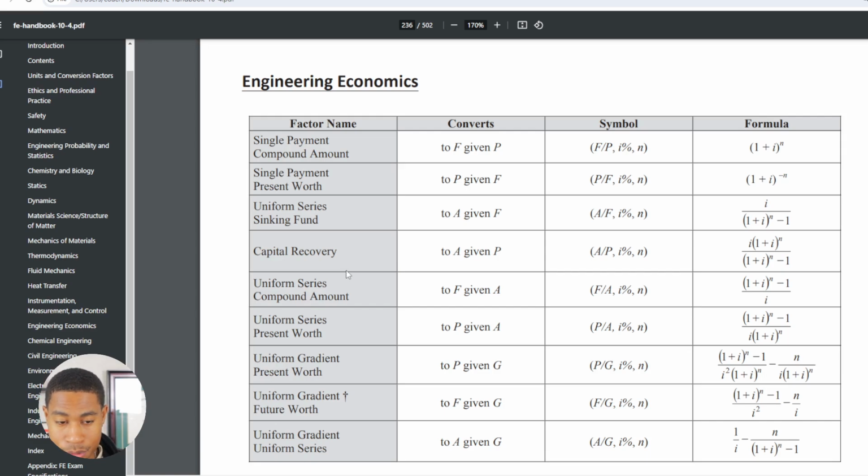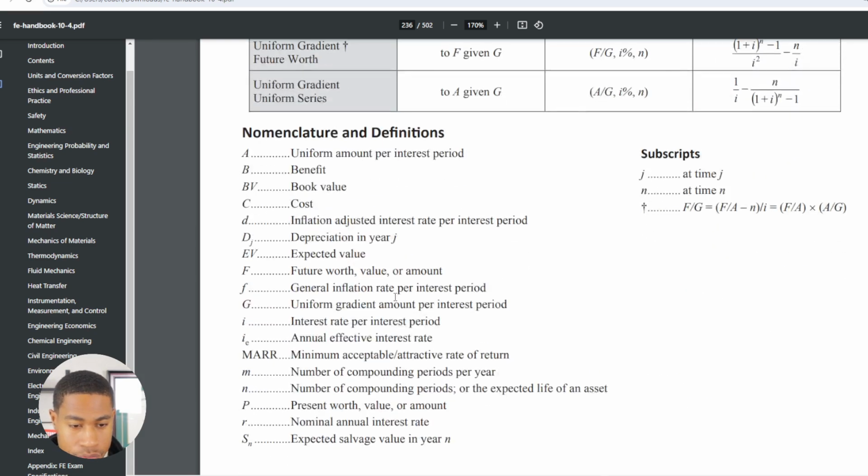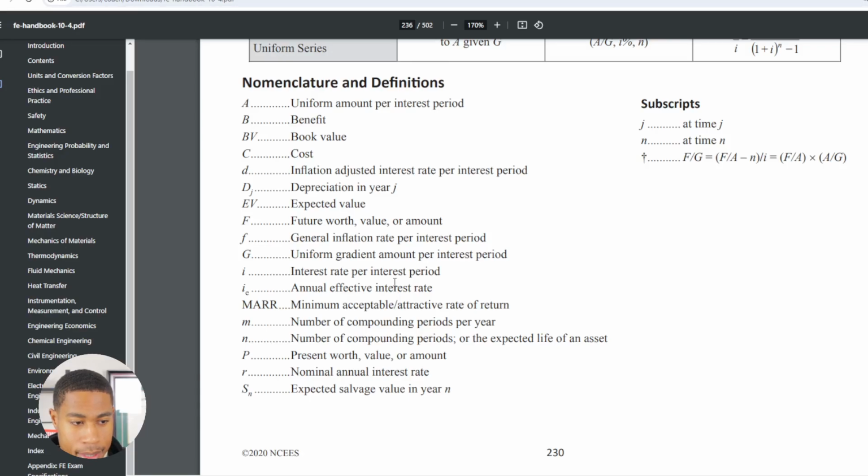That's one value, and we may want to get that into a future worth, or what it's worth 5 years from now. That is represented by F. F is your future worth. It's not what it's worth now, it's what it is worth in the future. So if you buy a house now, what will it be worth in the future?